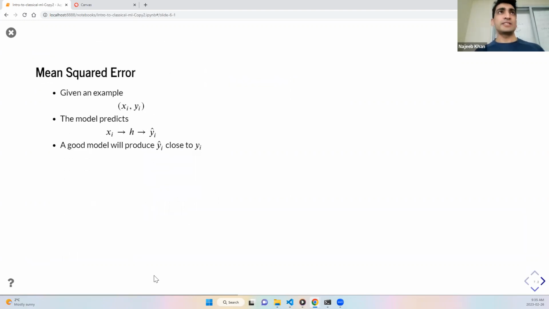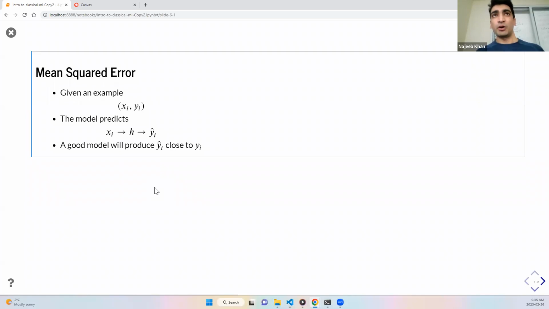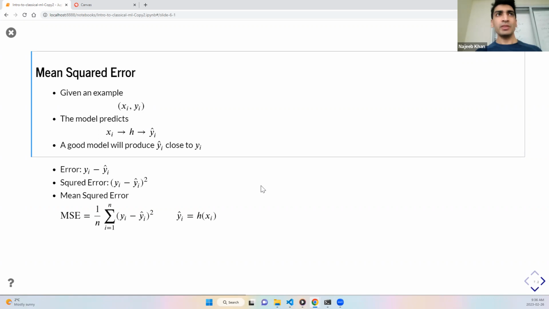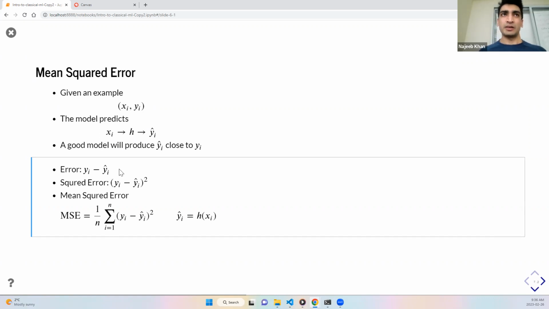So what is mean squared error? Given an example, let's say xi, yi, the model predicts yi hat. A good model will produce yi hat, an approximation close to the actual target yi. So we need to represent the error, which is yi minus yi hat. And the approximation could be either larger or smaller.